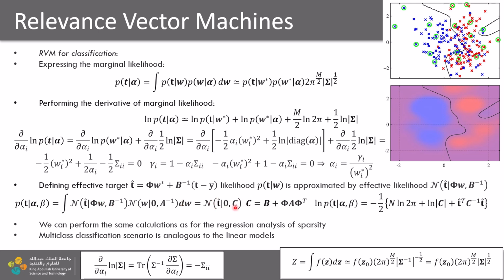Which again has the form of the prior for the t without actually seeing the t. And if we take the ln of this marginal likelihood, we end up with these terms, obviously, because it's a normal distribution.